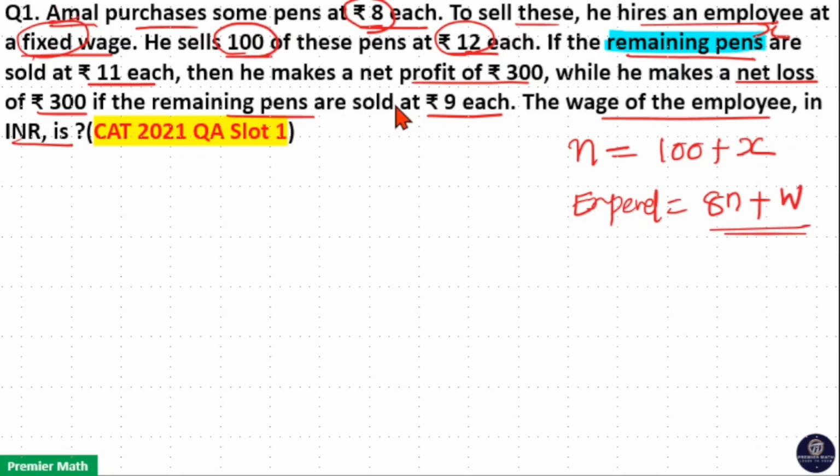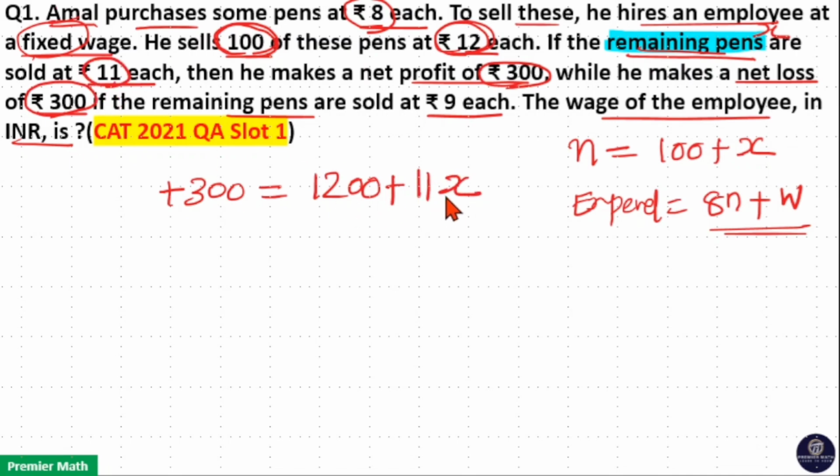Now there are two selling prices here. At one selling price he gets a profit of 300 and at another selling price he gets a loss of 300. So profit 300 means plus 300. He gets a profit of 300 when he sells 100 of these pens at rupees 12 each, that is 1200, plus the remaining pens x at rupees 11 each, that is 11x.